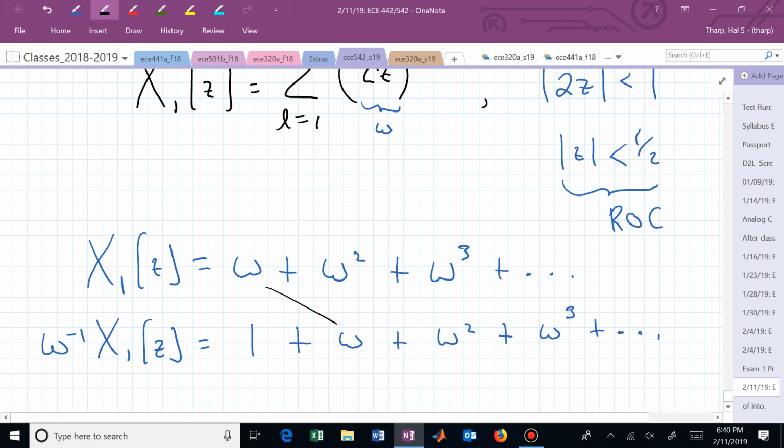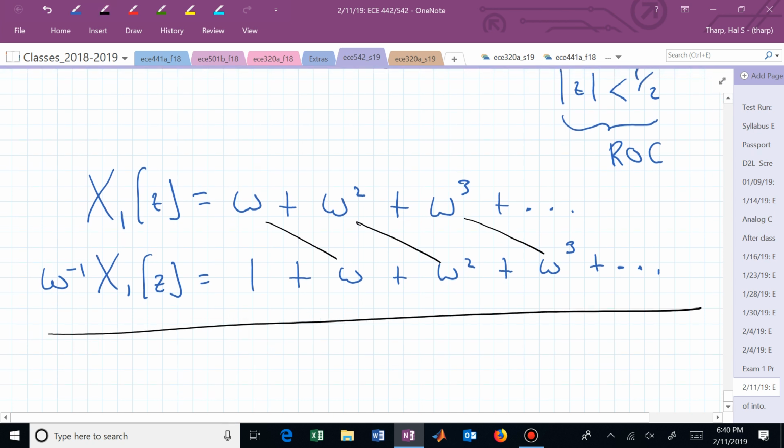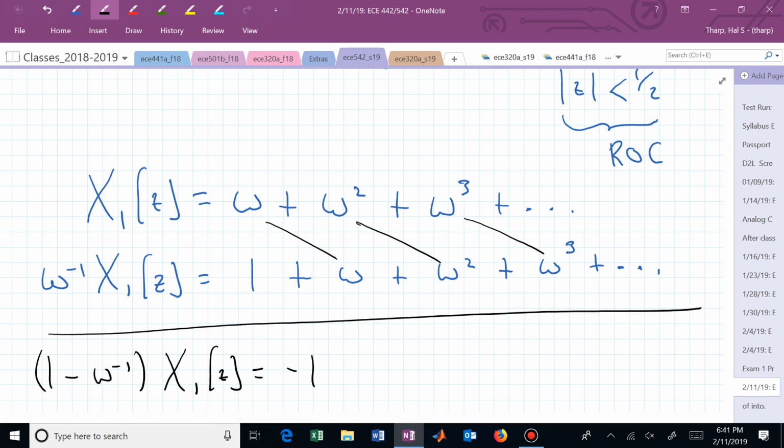And we can match up these terms on the right-hand sides. Meaning, if I compare those two sequences, or if I subtract the bottom one from the top one, I end up with the following. The quantity 1 minus w inverse times capital X1 of z is equal to minus 1.